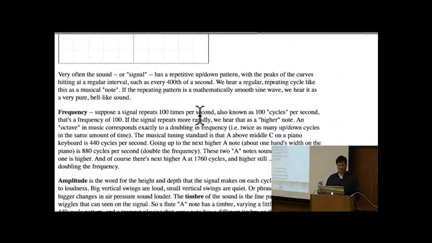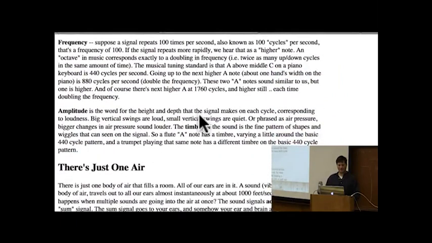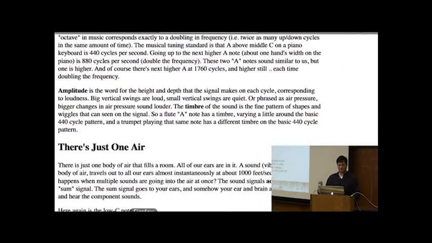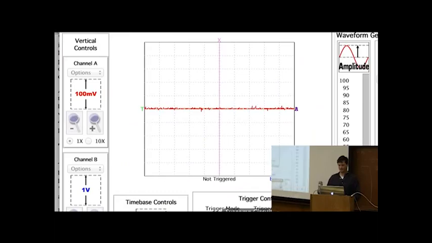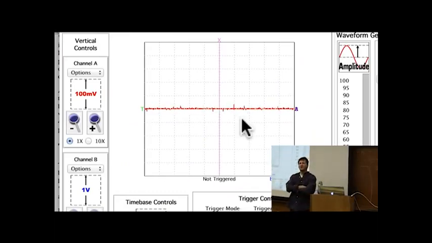All right, so what I want to talk about is another question about how sound works. I'll go back to my oscilloscope here. There's just one air. In this room, there's one body of air, and all the sounds in here, basically me talking and you all clickety-clacketing, surfing the web or paying attention or whatever, it's all sharing the one air.